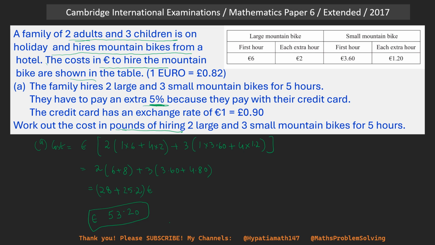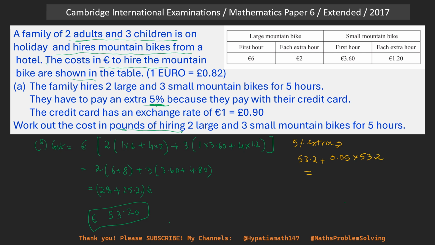So let me add the 5% extra first. 5% extra would mean 53.2 plus 0.05 multiplied by 53.2.